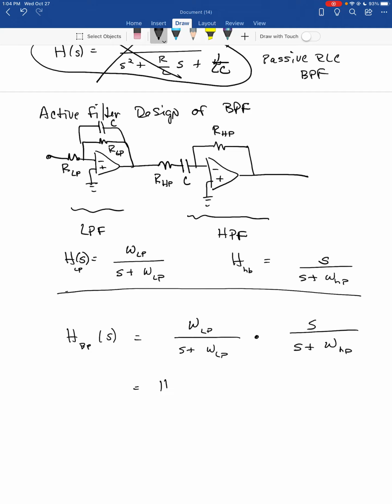So the bandpass is actually H of the low pass of S times H of the high pass of S. Okay, so we get the product, because remember, convolution in the time domain is multiplication in the Laplace domain. So that's the whole reason for going to this Laplace type approach.